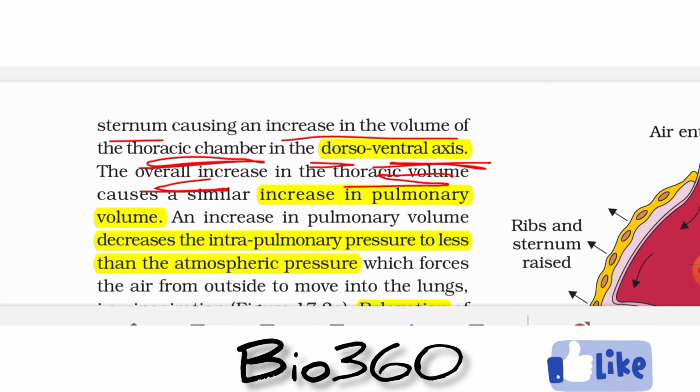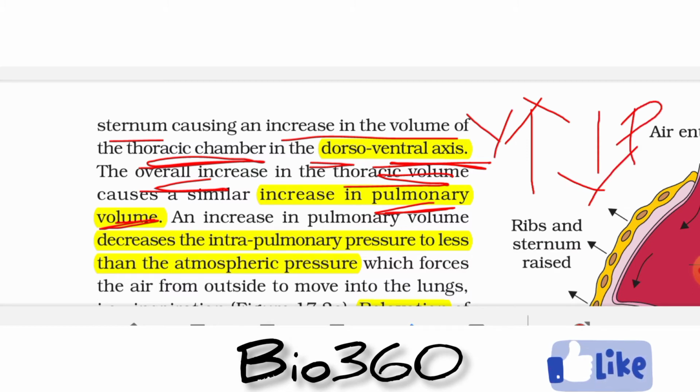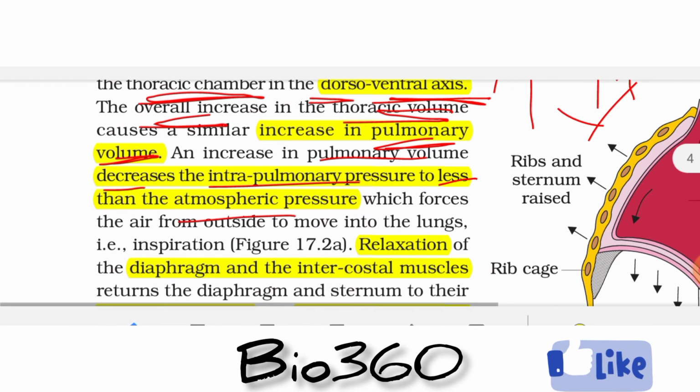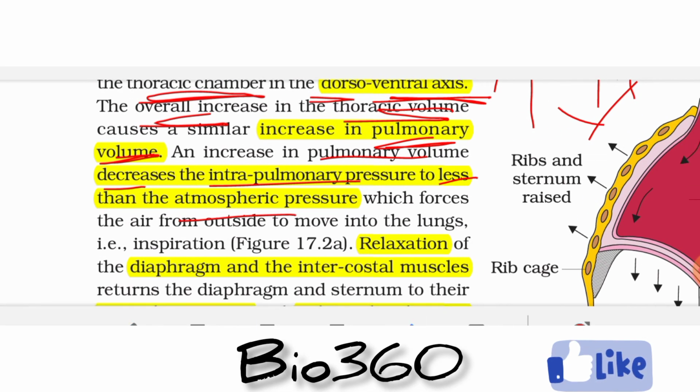As we know, when volume increases, pressure decreases. An increase in the pulmonary volume causes a decrease in the intrapulmonary pressure to less than that of the atmospheric pressure, which will force the air from the outside to move into the lungs. That is inspiration.